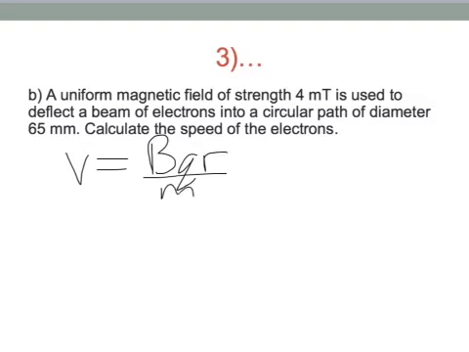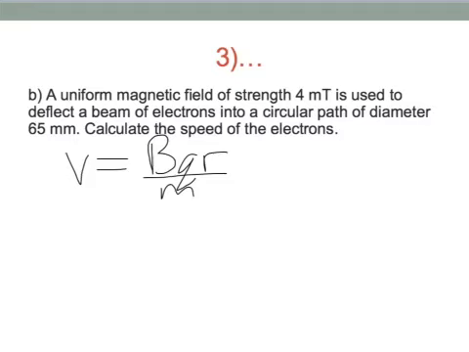For electrons, we need to know their charge, 1.6 times 10 to the negative 19 coulombs, and the mass of a single electron, a very tiny 9.1 times 10 to the negative 31 kilograms. So if we sub that into this equation, and we use 4 times 10 to the negative 3 for the magnetic field strength, capital B, and 0.065 for the, no, we divide that by 2 in fact, because that's the diameter.